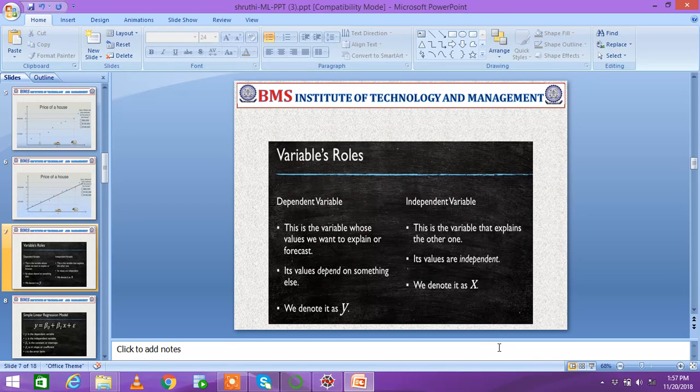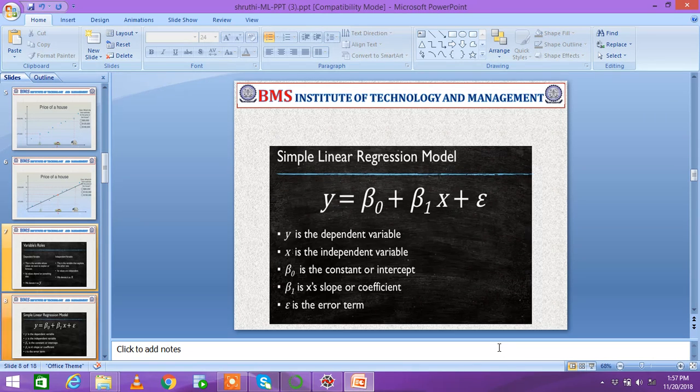The dependent variable is the one which we want to explain or forecast. The independent variable explains the other one, so the dependent variable depends on something else, while the independent variable's values are completely independent.